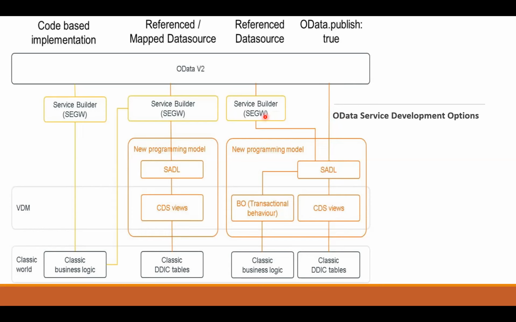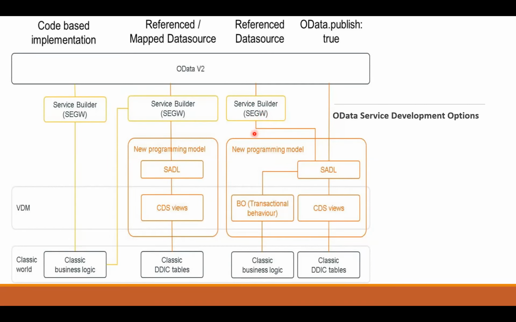Whereas if we use SEGW, then we can make transactional process available on multiple parent nodes. Okay, that is the only difference. But apart from this, we don't have any differences between these two.